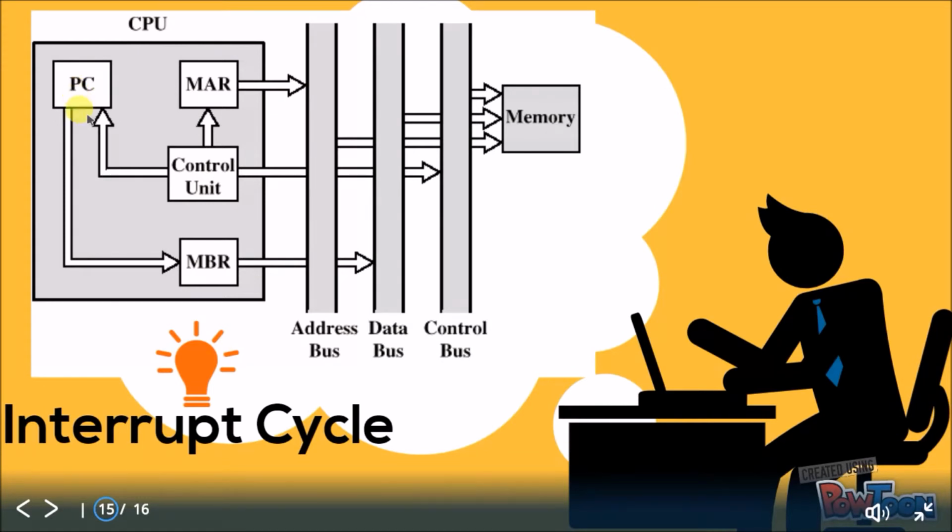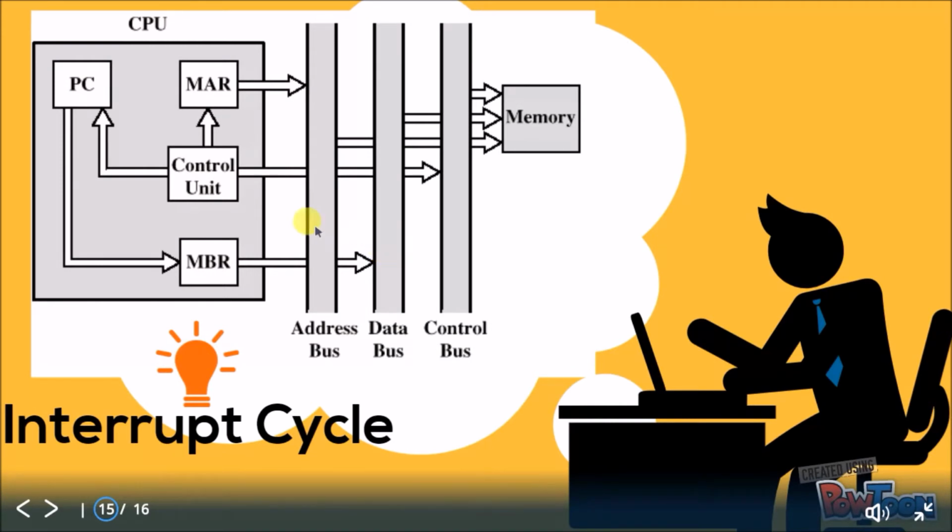Thus, the content of the PC is transferred to the MBR, which is the memory buffer register, to be written in memory through the data bus.